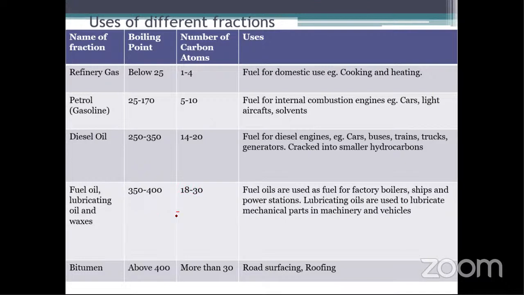So you just have all these carbons bonded with each other, just stringing along. And the fuel oil you use for ships and power stations and different heavy machinery. And finally, bitumen, which is above 400 degrees Celsius, that you use for road surfacing to make asphalt.